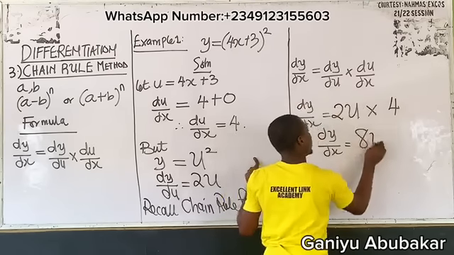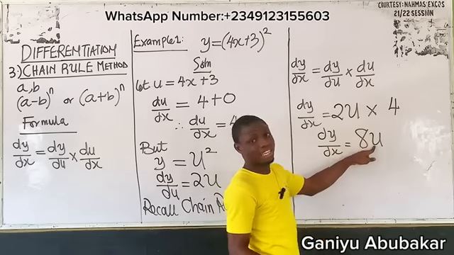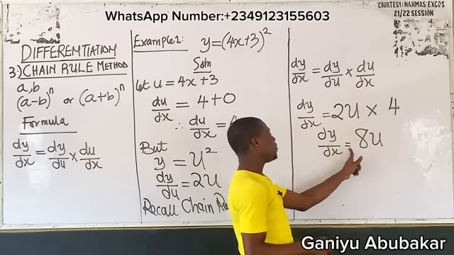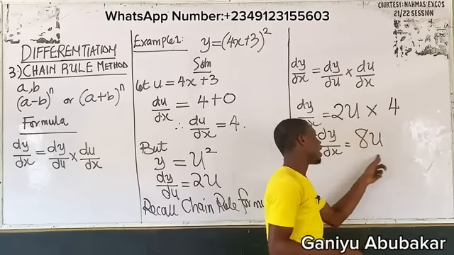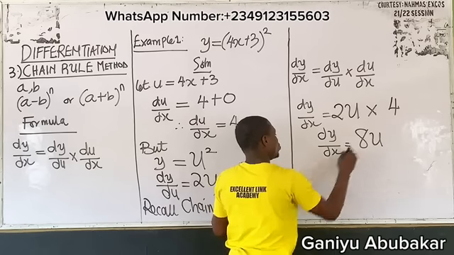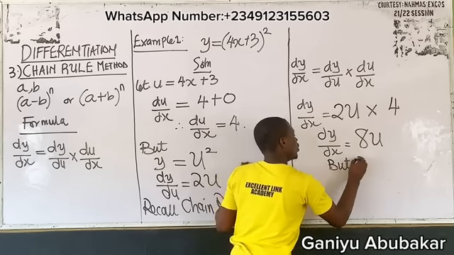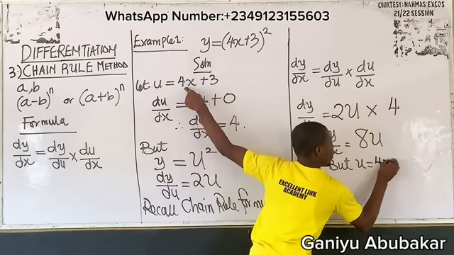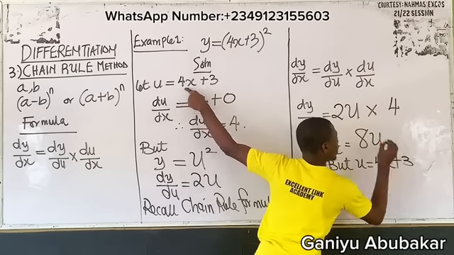I have u left. I can't leave my answer this way. Observe, I'm having dy over dx, so everything in my answer must be in terms of x. So this u, from the question, is 4x plus 3.